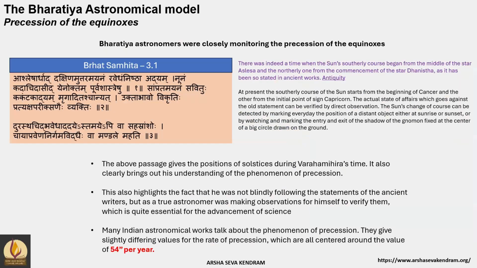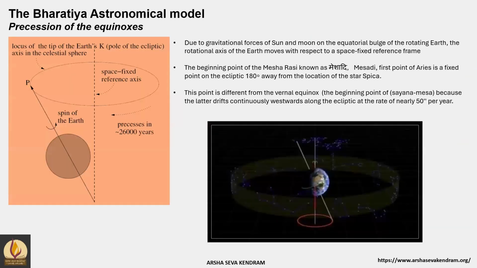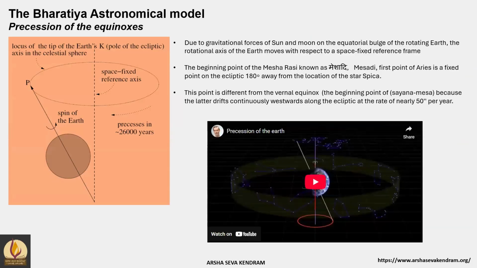And of course, we touched upon the precession of the equinoxes. We talked about it quite a number of times now. We also saw that the precession happens because of the cumulative effect of the gravitational forces of the sun and the moon. The precession cycle is approximately 26,000 years.